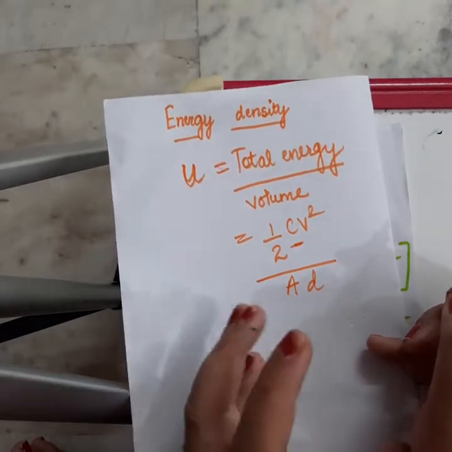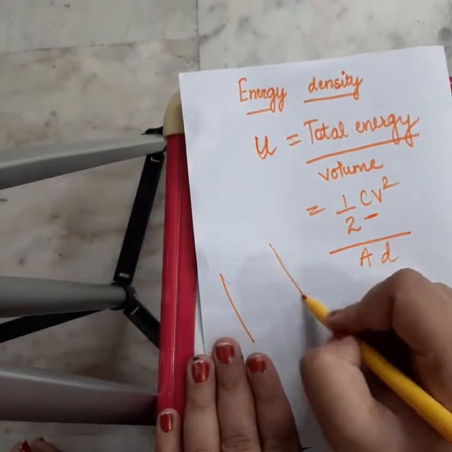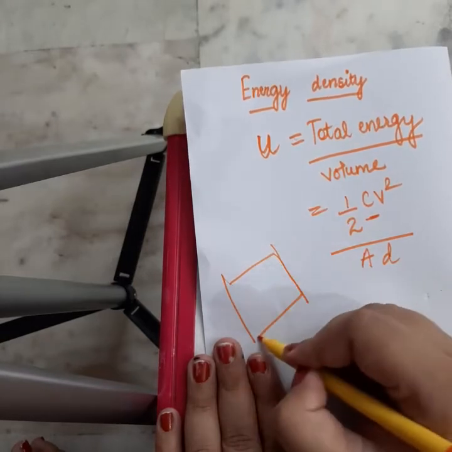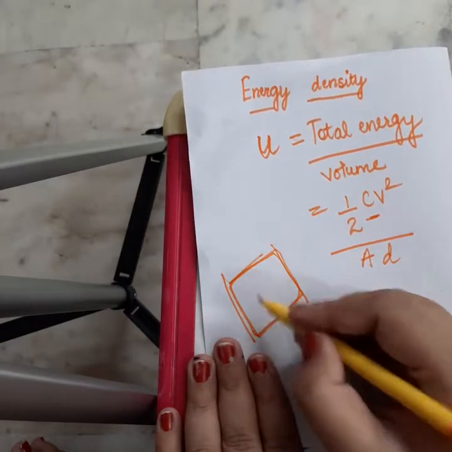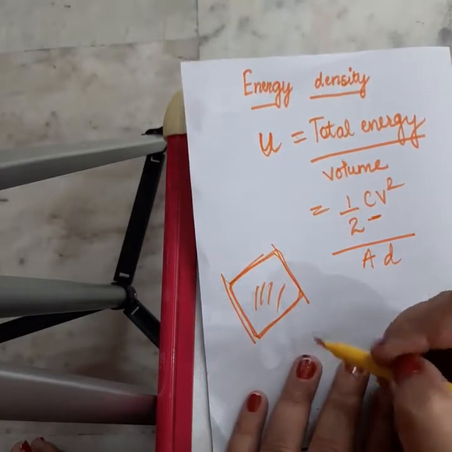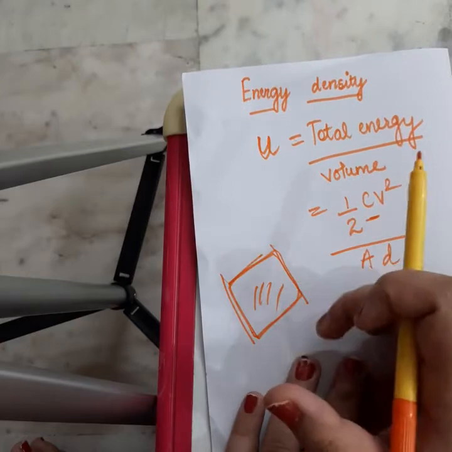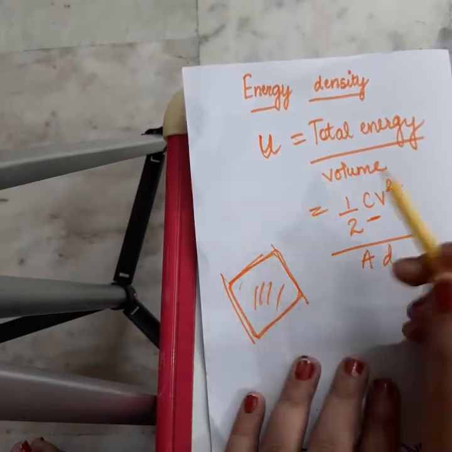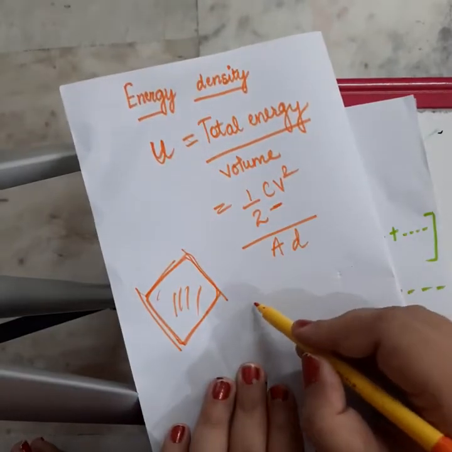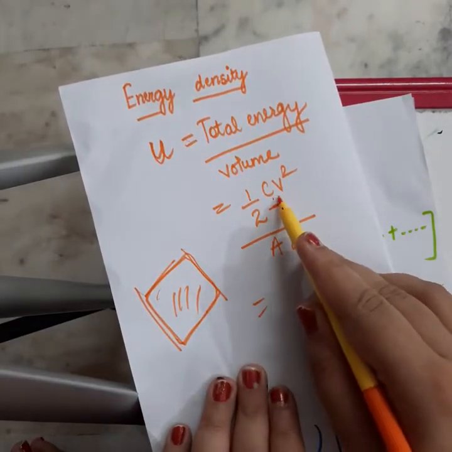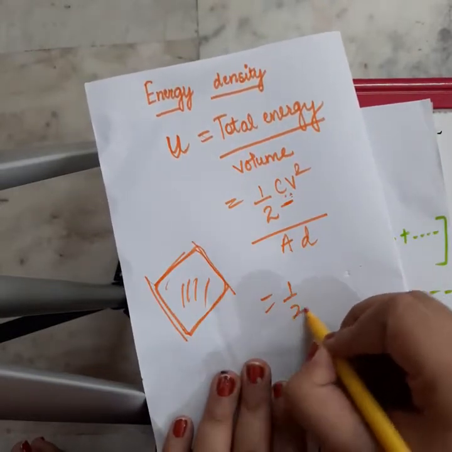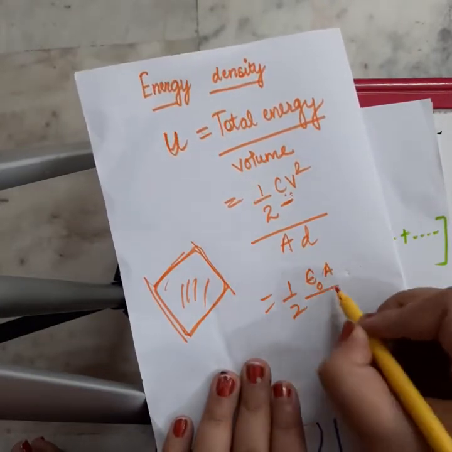This is the capacitor, these are the two plates, and this space is the volume enclosed between the plates. So the volume is area of cross section multiplied by the distance of separation. We also know that for a parallel plate capacitor, its capacitance is given by epsilon naught A divided by D.